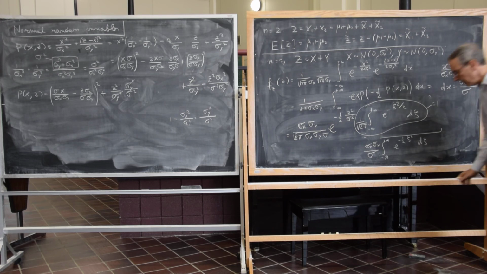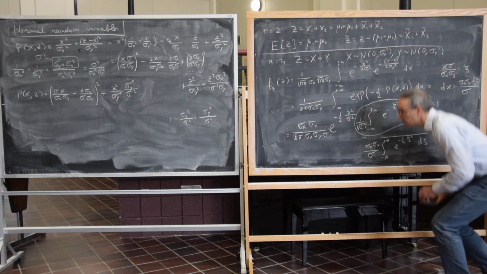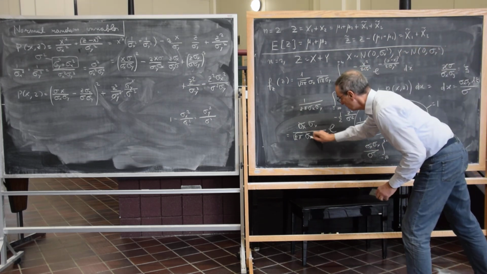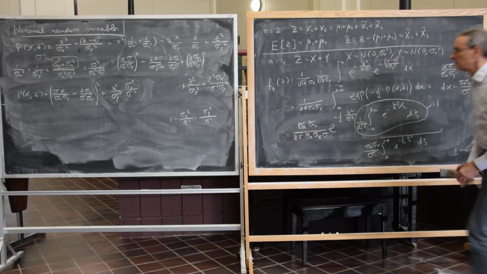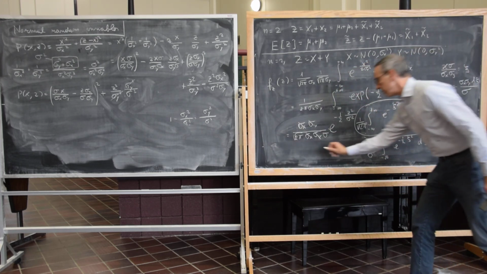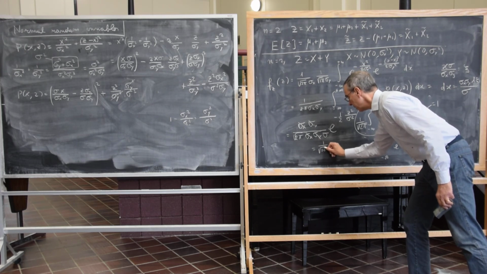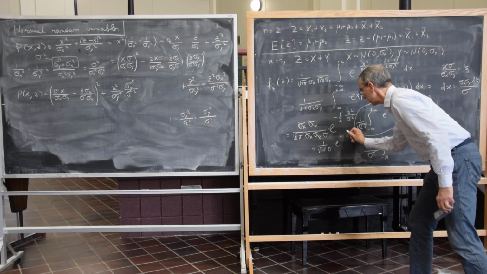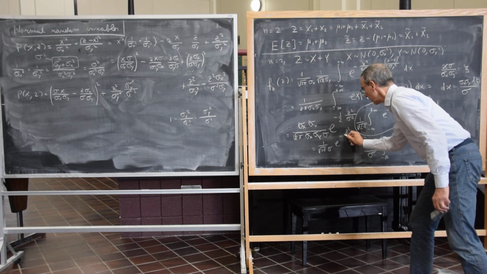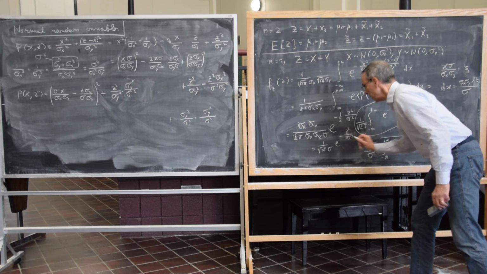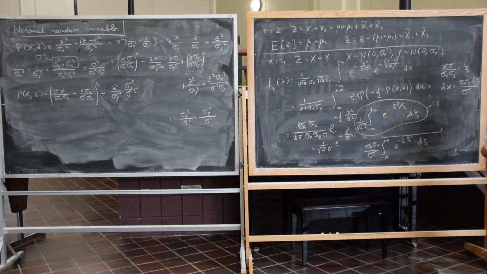So when we simplify this expression, that's the end. The end is that it's 1 over square root of 2 pi sigma, e to the minus z squared over 2 sigma squared, which is exactly the PDF for a Gaussian, right?